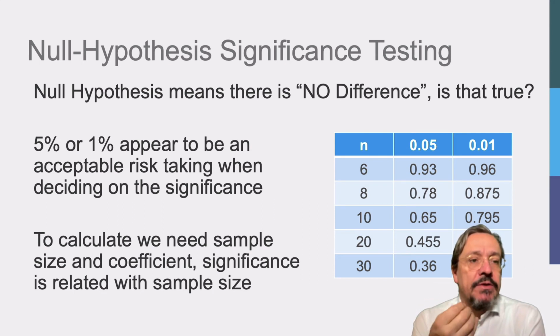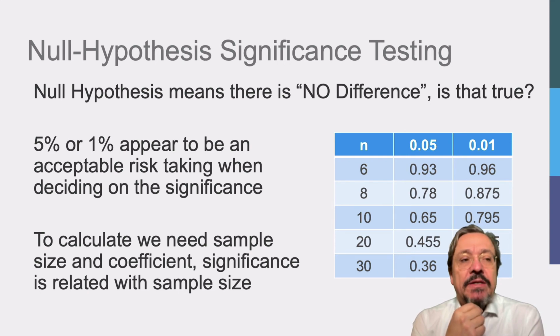Just to give you one illustration, on the right side you see a little table, and basically this shows, based on my number of participants, my cases, at what level I need to find a difference, or how strong the relation should be based on the number of cases to find a significant relationship.